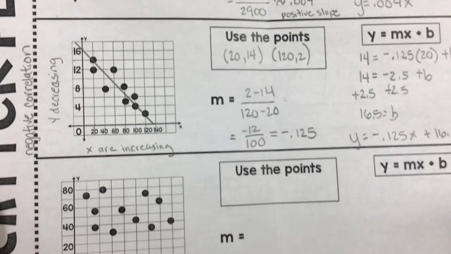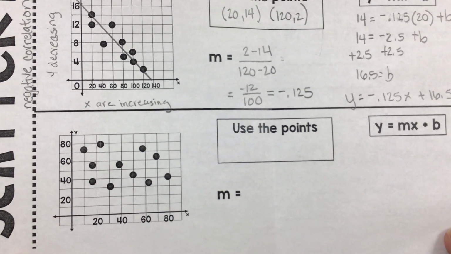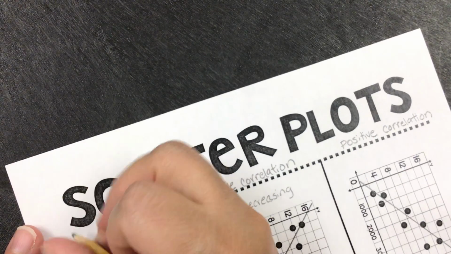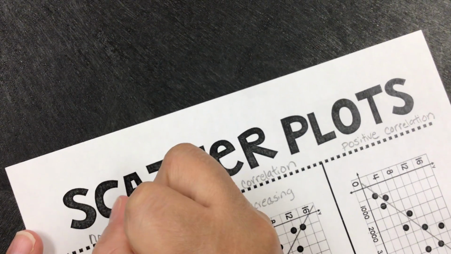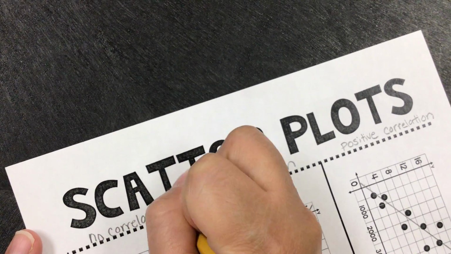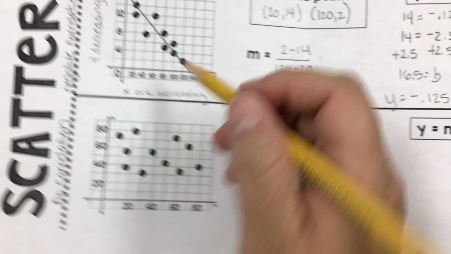All right, in the last one, it looks like there is no correlation, no relationship, no set pattern. So how can I tell? Well, one, I can't draw a line.